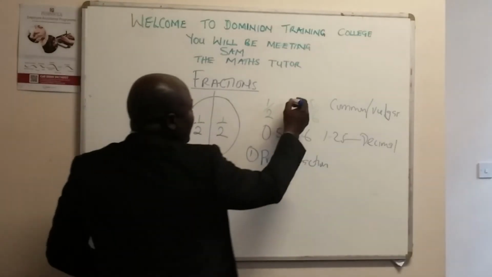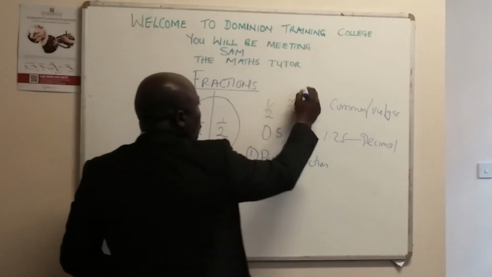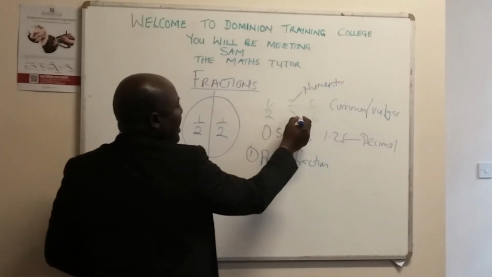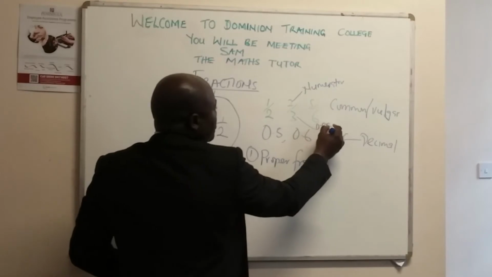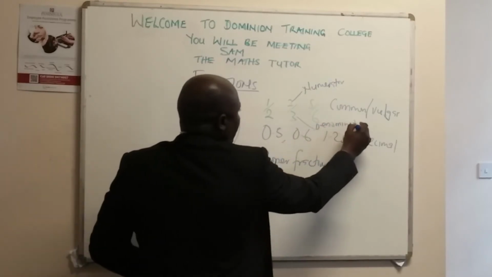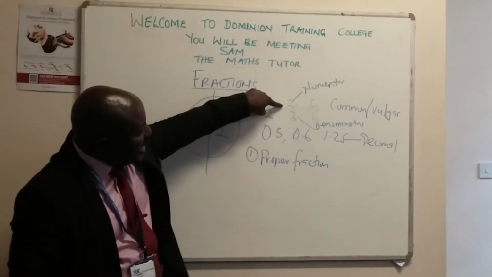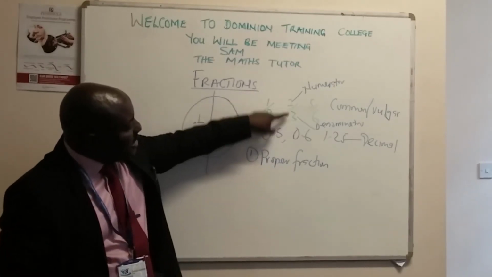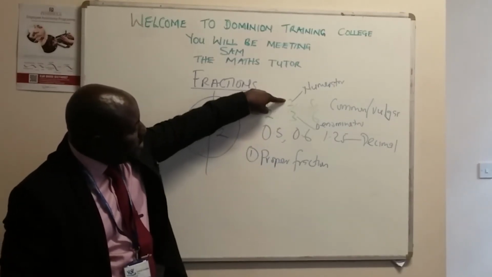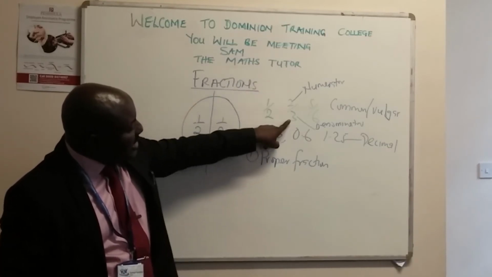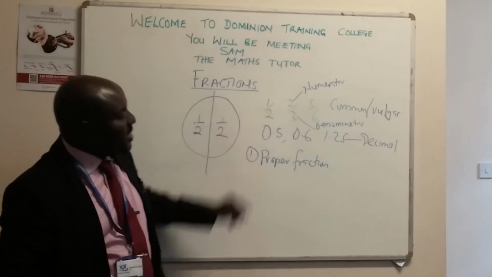The number above the line is called the numerator, and the number below the line is called denominator. When the number above the line is smaller than the number below the line, like here we have 2 up and we have 3 down, it means the 2 is smaller than the 3. We call this proper fraction.